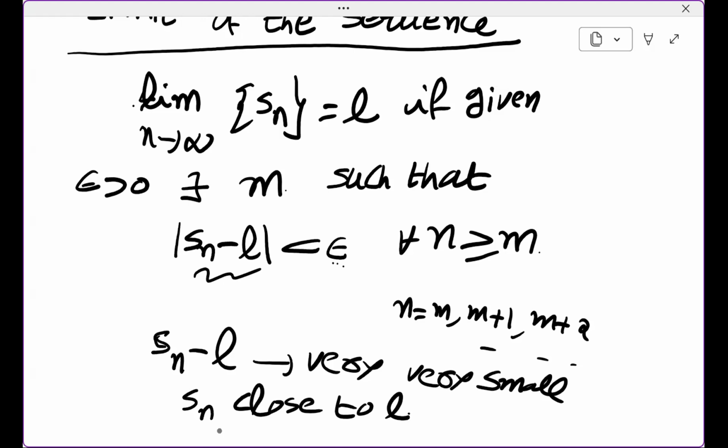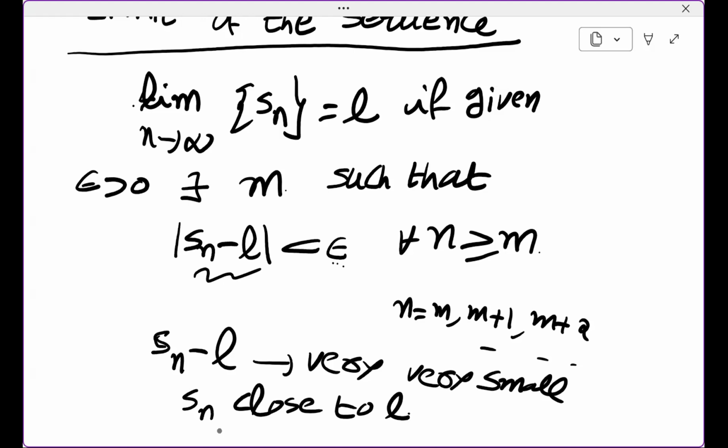You have your opinions, most of them the same. Close to each other does not mean 100% the same, but the differences are negligible. So the difference between Sn and L is negligible, meaning Sn is very close to L.